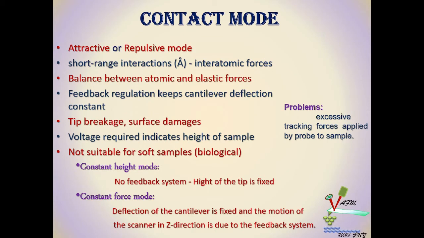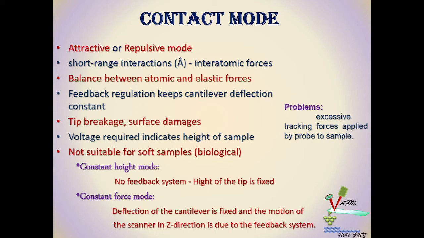Contact mode is also called attractive or repulsive mode, and short range interactions take place, with a balance between the atomic and elastic forces, and feedback regulation keeps the cantilever deflection constant. There will be a possibility of tip breakage or surface damage, the voltage record indicates the height of the sample, and it is not suitable for soft samples.